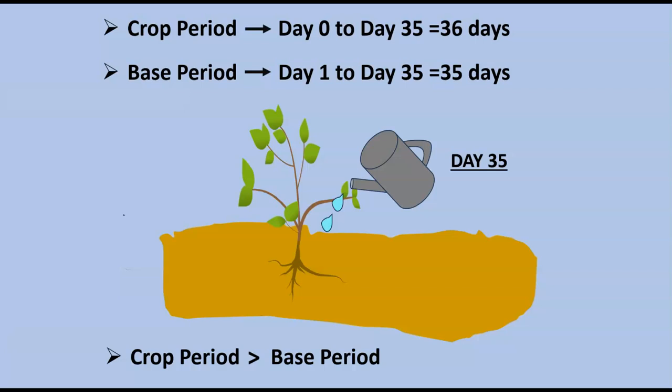In this example, the crop period is from day 0 to day 35, that is a total of 36 days, and the base period is from day 1 to day 35, that is a period of 35 days. In this case, we have seen the crop period, which is 36 days, is greater than the base period.